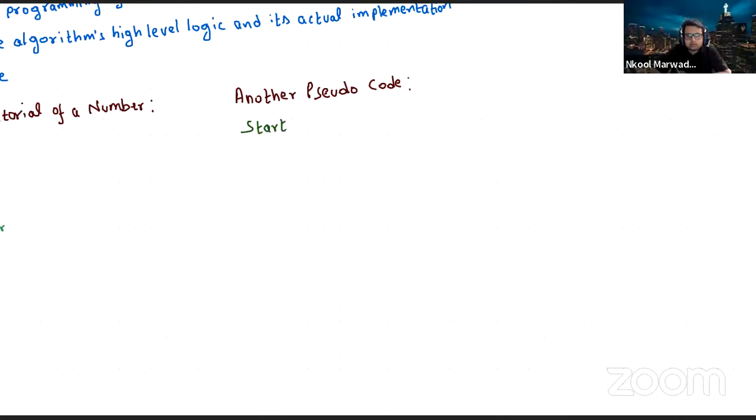Start. Read n. Sum is equal to 0. Then a loop, one, two.